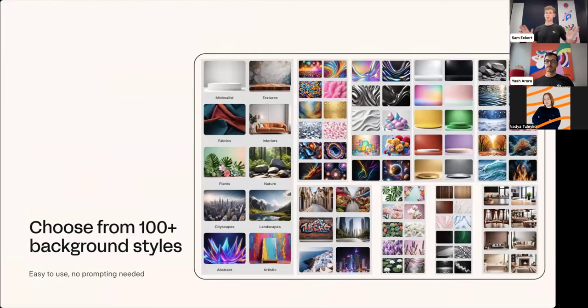You don't need any experience with prompting or how to create AI generated images. You can just import your images into Linearity Curve and then choose from styles like textures, nature, landscapes, fabric, or even more abstract artistic styles. And as I said, no prompting needed, which makes it very easy to use.